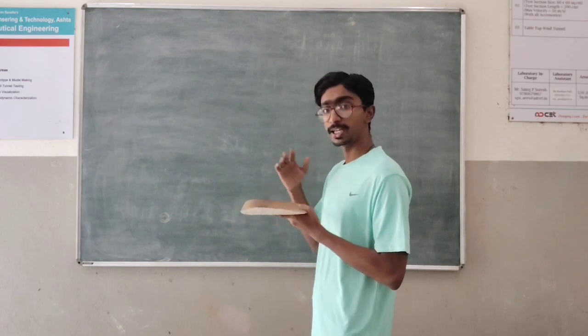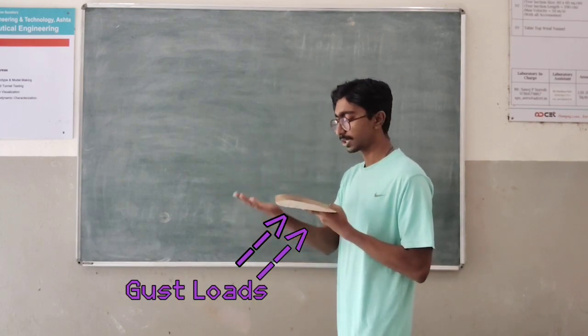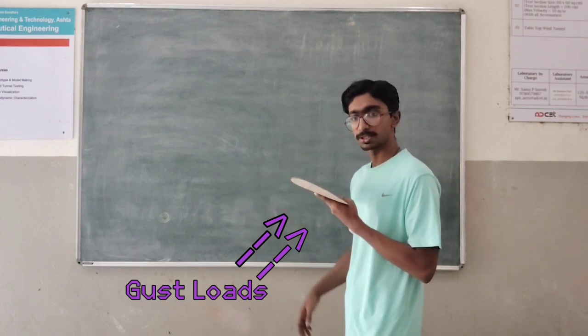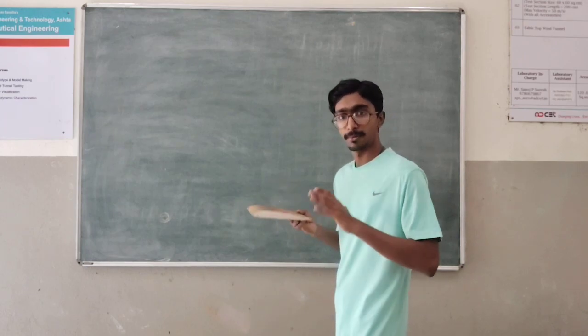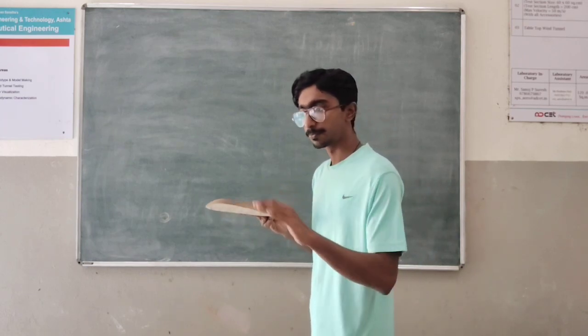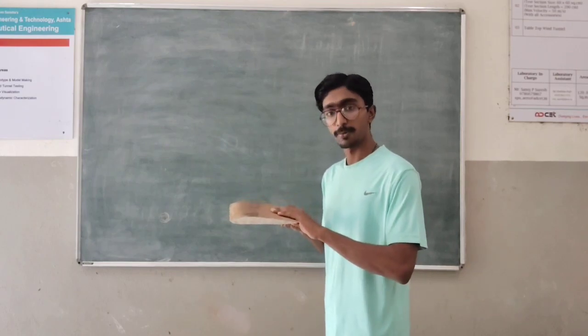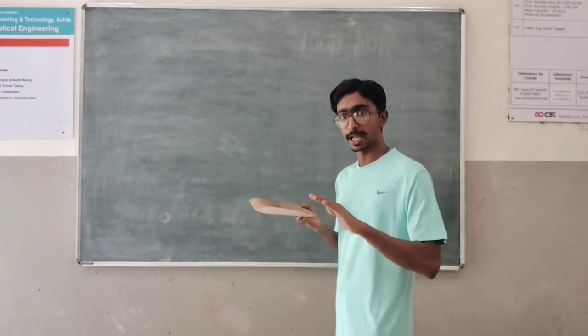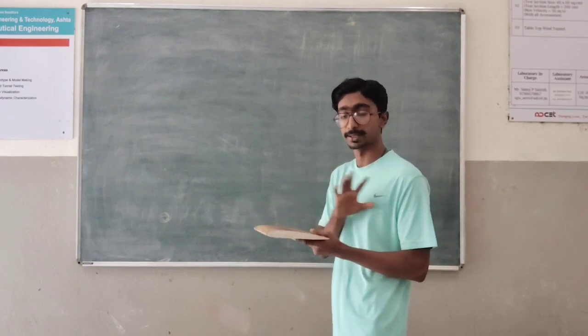Now when it is flying at a high altitude, suppose there is a disturbance due to gust loads or turbulence. It will not pitch up or pitch down due to any external devices like its elevator, that is not included in the disturbance.